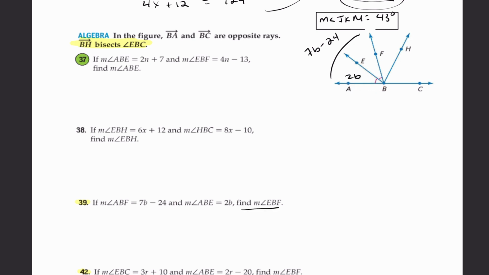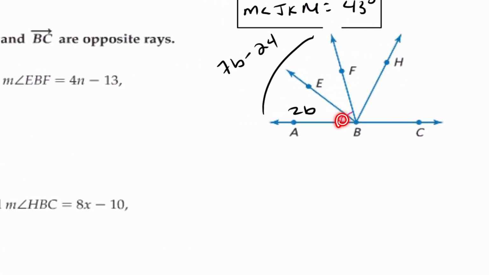What is the measure angle EBF? So what is this? Well, notice the fact that this and this are already marked on the picture, meaning that angle ABE and angle EBF are congruent.